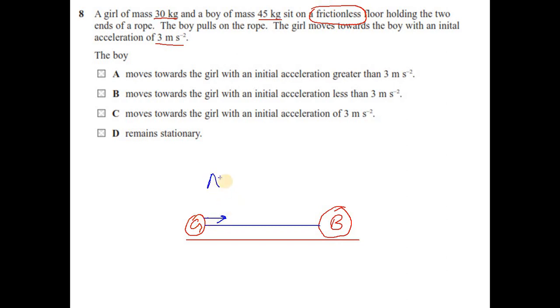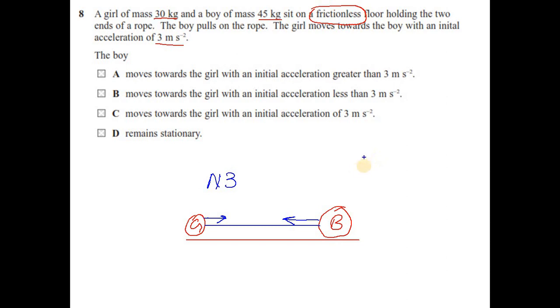Then according to Newton's third law, the girl applies force on the rope or on the boy with the same magnitude, and so both forces are equal.